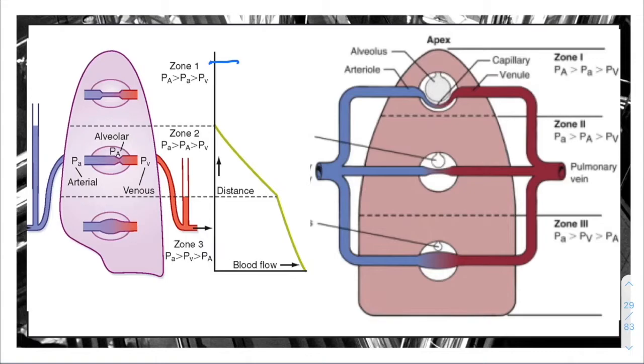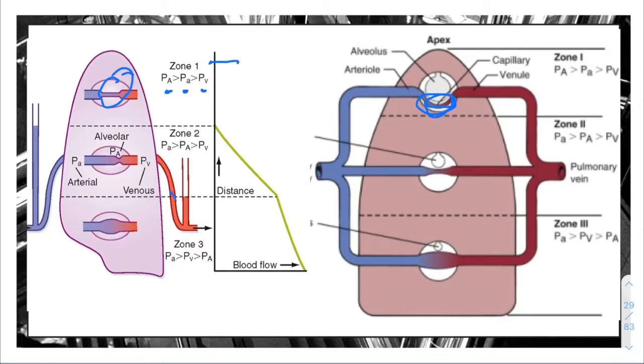Zone 1, at the apex, you would note that your alveolar pressure is greater than the arterial pressure and greater than the venous pressure. So the capillaries here in zone 1 are collapsed because of the greater alveolar pressure, and blood flow ceases.